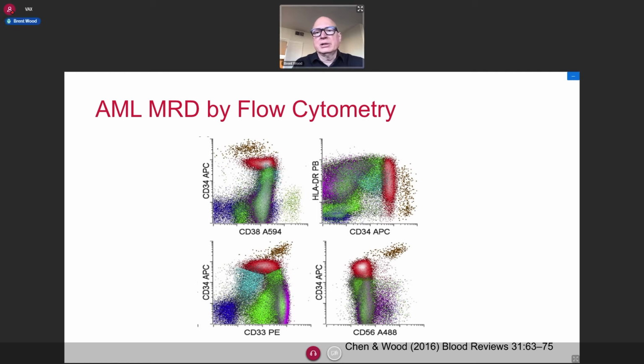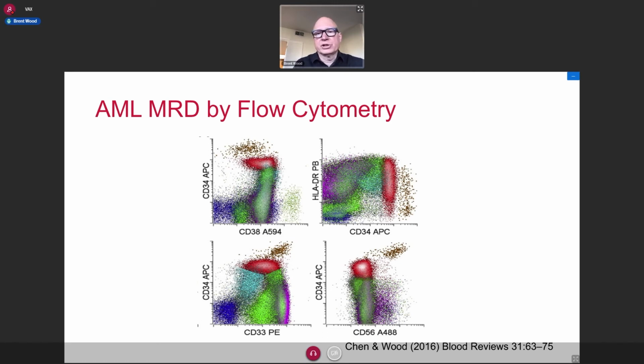On the top right, this population also expresses HLA-DR at a variably decreased level compared to normal, but with a lot of variation. On the bottom left, CD33 and 34 are overexpressed at a high level and different from normal. And on the bottom right, CD56 in particular is overexpressed to a high degree. It makes it relatively easy to identify this particular abnormal population of cells.